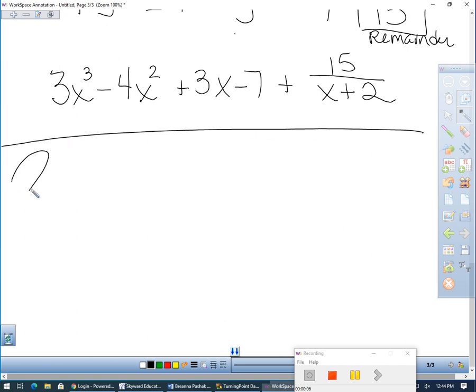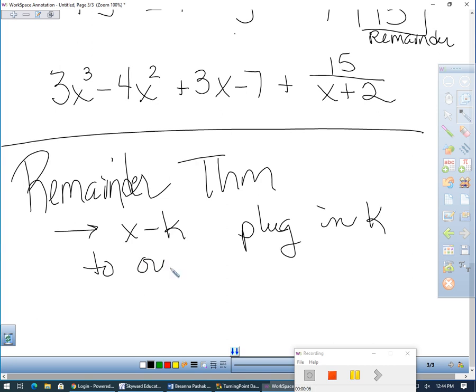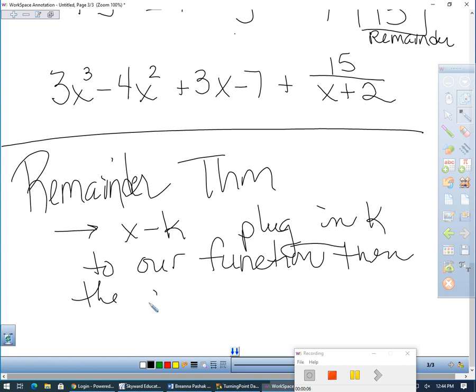I want to talk about the remainder theorem. The remainder theorem just says that if we have as our factor x minus k, and we plug in k to our function, then the result is the remainder.